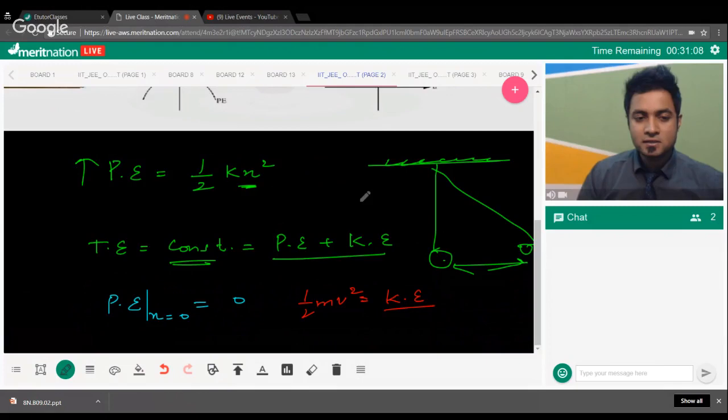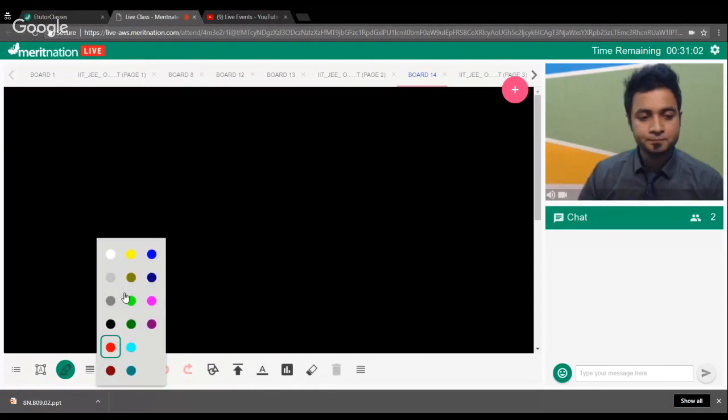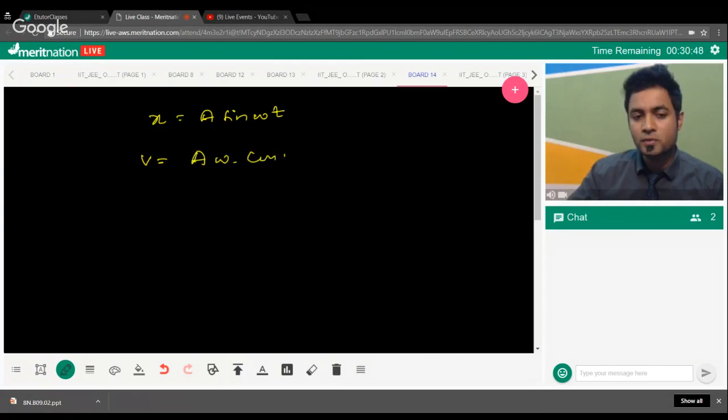And guys, if you remember, I just told you that x equals a sine omega t, right? And v, how can you calculate? That is the differentiation of this, so v is a omega cos omega t. So guys, you can see here at t equals to 0, the v has to be maximum, isn't it?